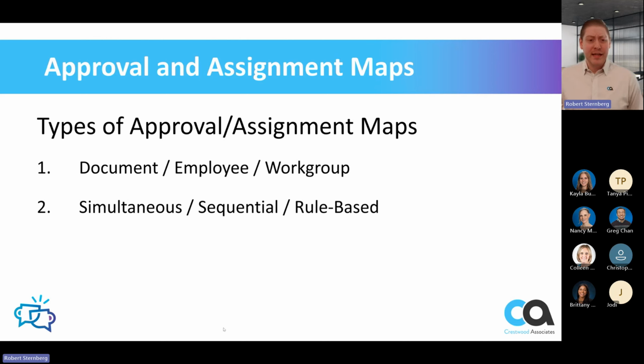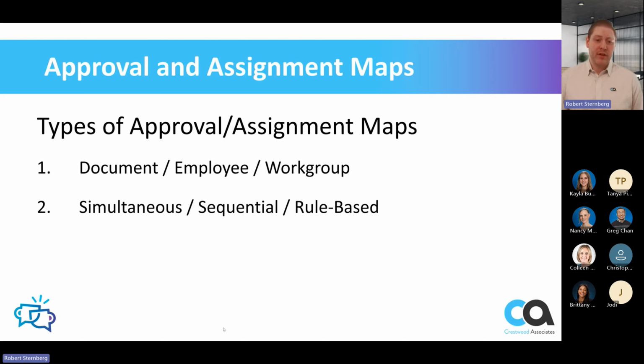So that's the first item on your screen. The second is the type of approval and assignment maps that we can use in Acumatica. They can be simultaneous approval, where we need multiple approvers and they get the notification all at once. We can do sequential approval, so maybe it continues through our steps if we meet a high dollar threshold. And then that's the last component, rule-based.